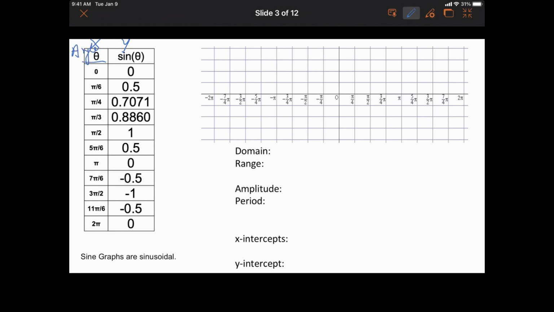So this is our x. Our x values, as you can see, are in radians. So that's different from other graphs that we've done. Usually it's just negative 3, negative 2, negative 1, 0, 1, 2, 3, 4, 5. These are not. But what about our y?